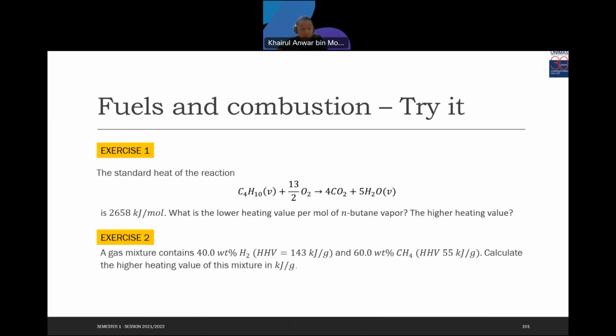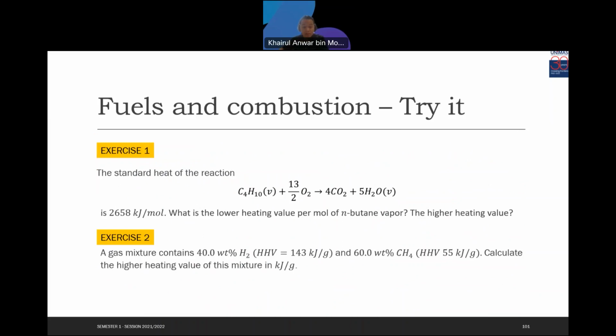In this case, 5 moles of water times 44.013 kilojoule per mole, which is delta HV of H2O at 25 degrees. The answer for higher heating value is 2878 kilojoule per mole.